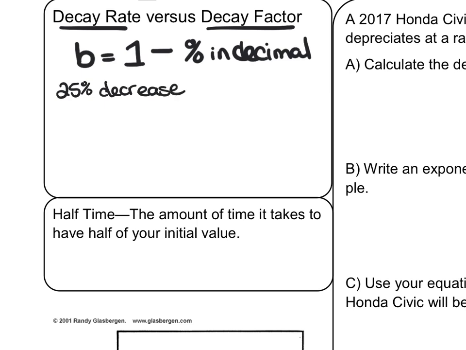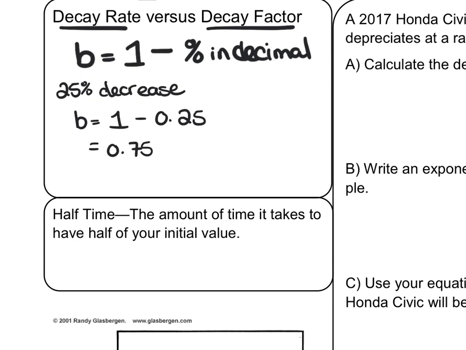In this case, you would do the same thing. Change our percentage into a decimal, so 25% becomes 0.25, and then when we subtract it, it would be 0.75.